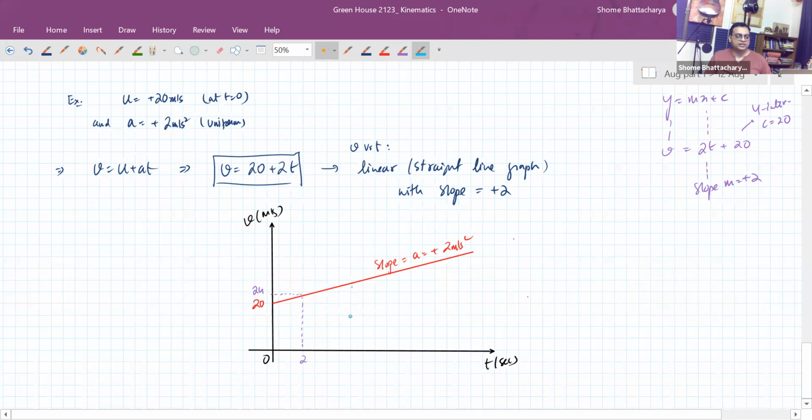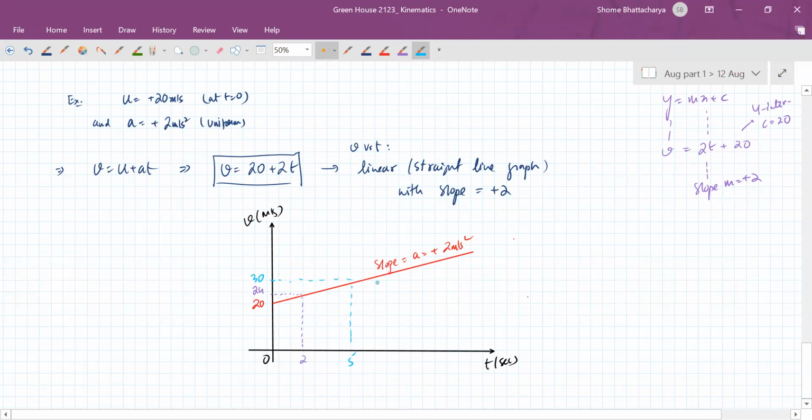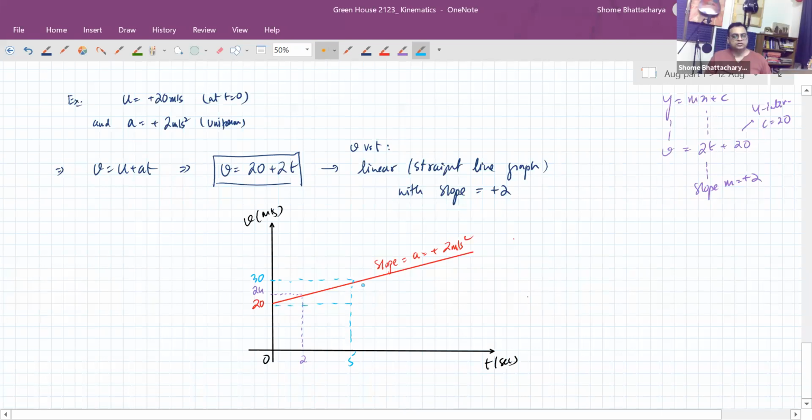So for example, after 5 seconds, it would have increased by a factor of 10. So the velocity would have become 30 like this. So you can see that this slope is delta v by delta t, which is your tan theta. It is +2.